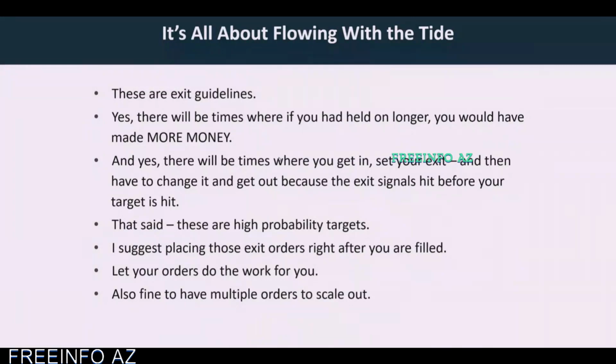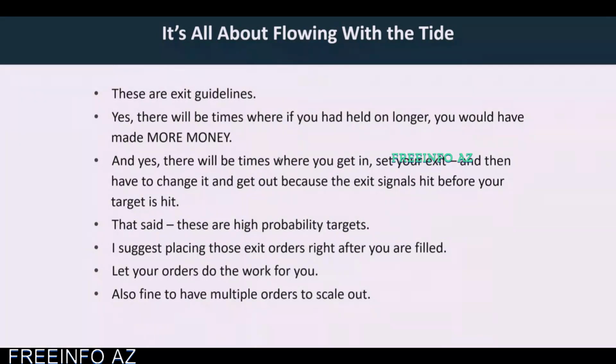My idea is that as you're playing around with this, if you get filled, get your exit going right away. That's the discipline part. Or if you do 2 contracts, do one at that multiplier, and then wait for the signal on the second one. So that's a couple ways to do that.